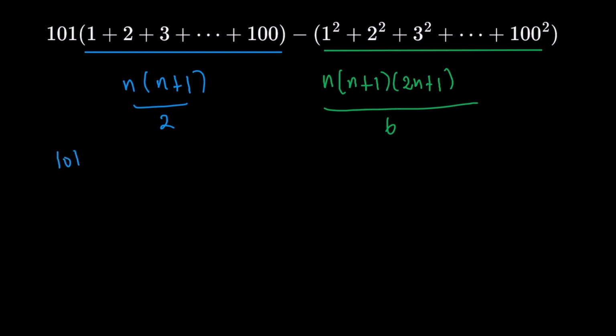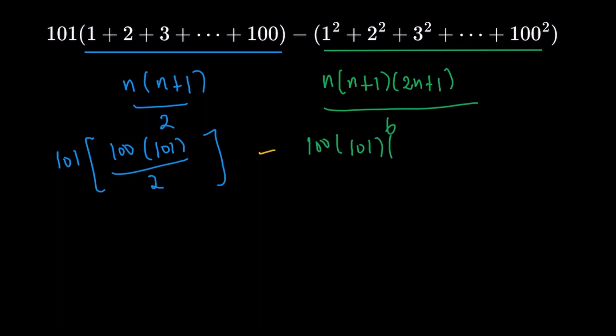The first one becomes 101 times 100 times 101 divided by 2. For the second one, it's going to become minus 100 times 101 times 201 divided by 6.